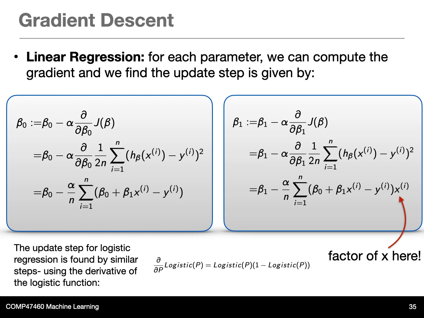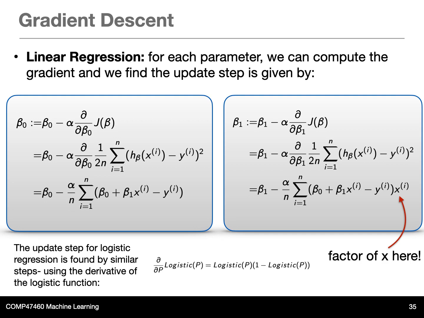Now, for any general loss function, to compute the gradient descent, we need to be able to evaluate the derivative of the loss function with respect to the parameters beta. This is fairly straightforward to do in the case of simple linear regression. We show here on the slides the update steps for the parameters beta 0 and beta 1.